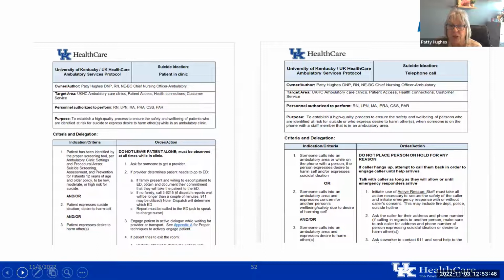So we wanted to make sure that we had step-by-step what an individual should do to ensure the safety of our patients. We've got both of these protocols in place that we've educated widely on.